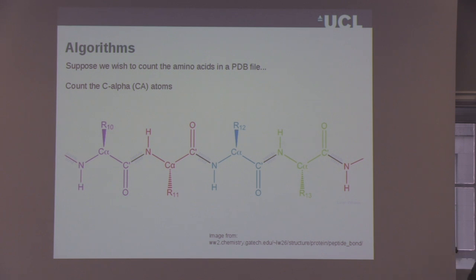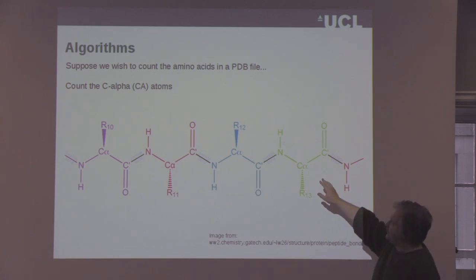So let's look at a simple sort of algorithm and how we might go about designing an algorithm to do something very simple, which is to take this piece of protein structure, and we want to know how many amino acids are in this structure. So we would store this information in a PDB file. That's the standard format for data files containing protein structures.